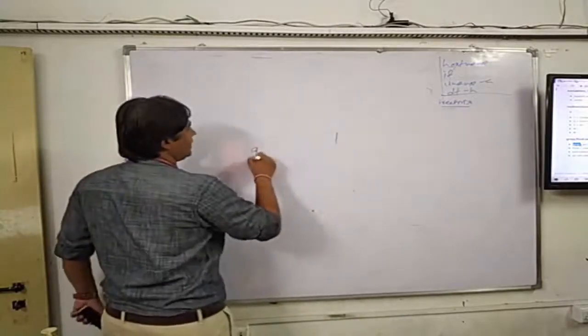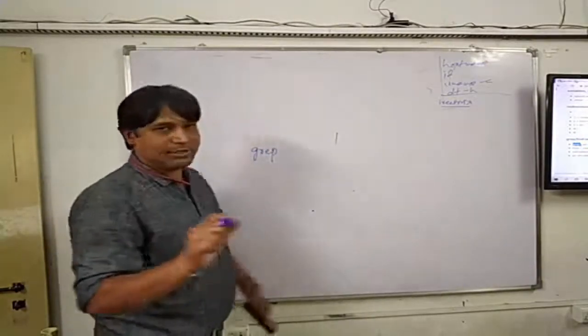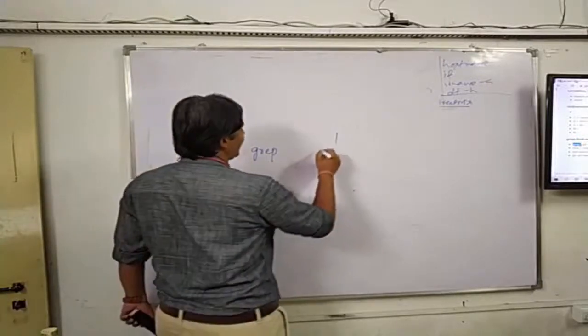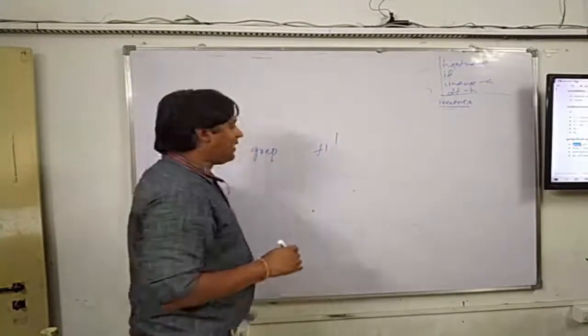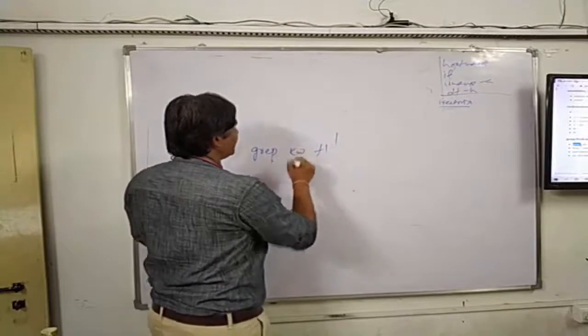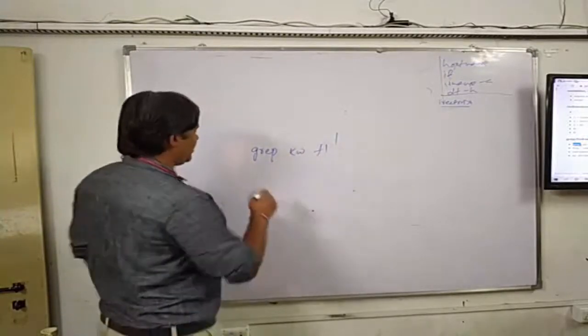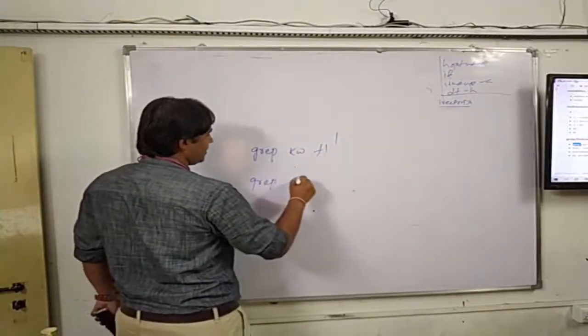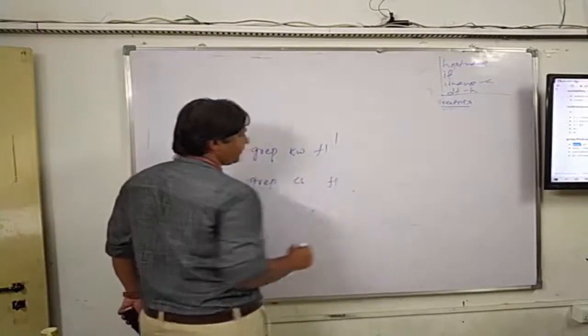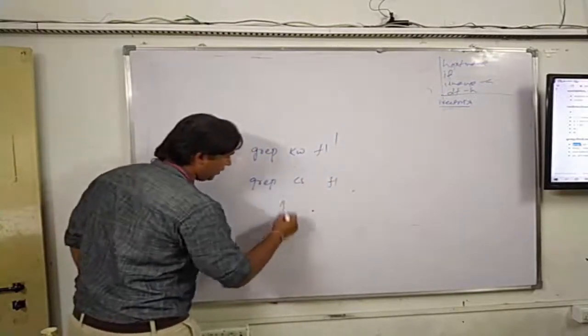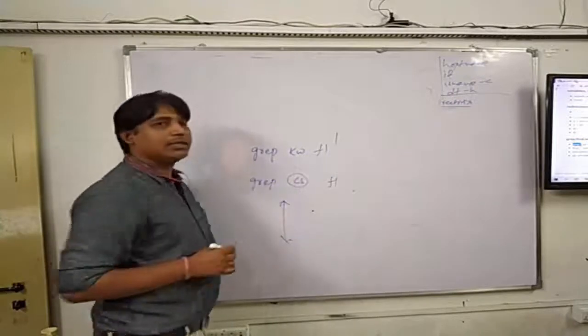grep basically grabs it. It just picks up things from files, any file, for a keyword, anything you want. So in your example, grep computer science from the file. It lists out all the lines that have the keyword CS in them.